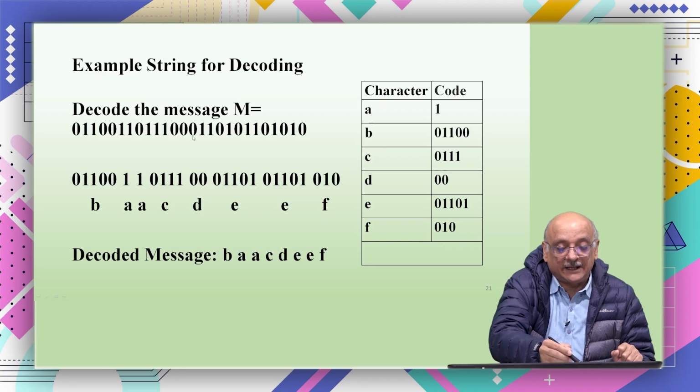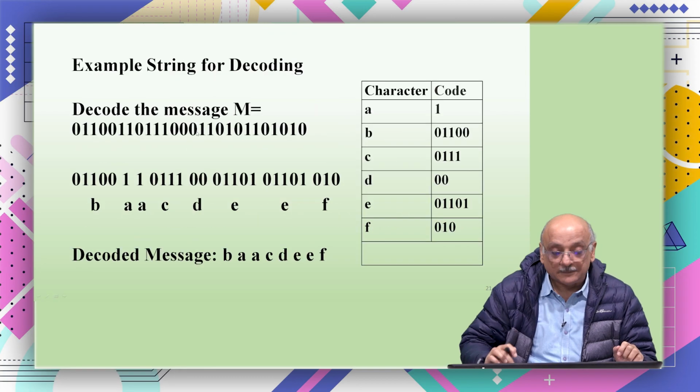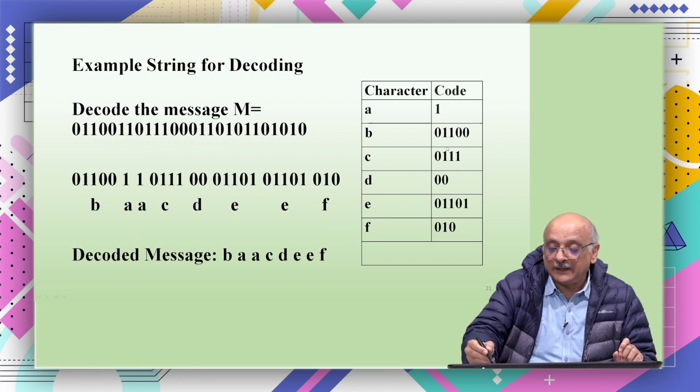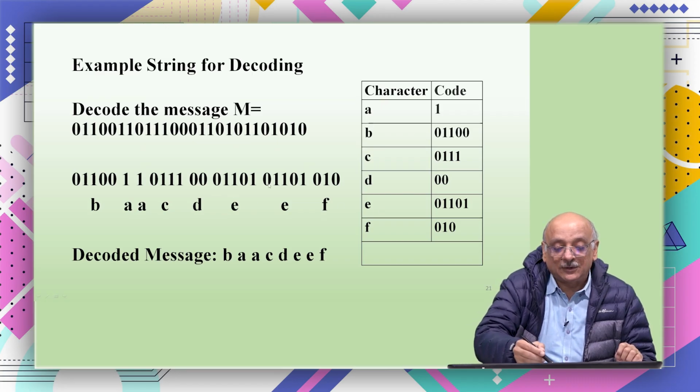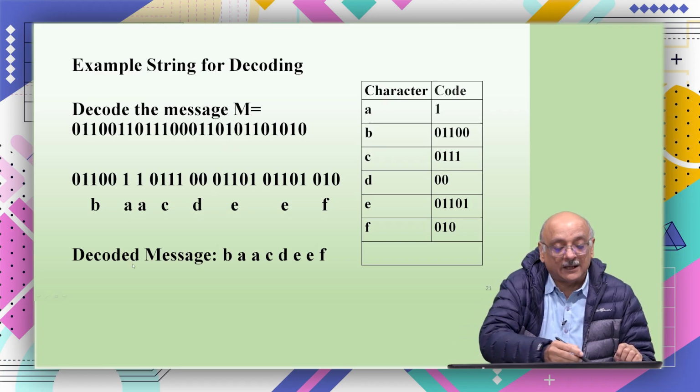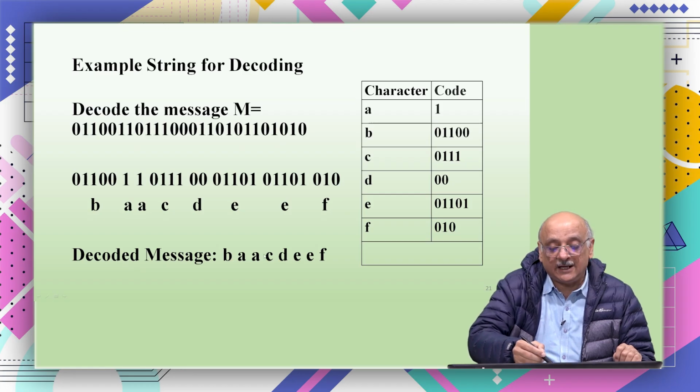So, 0 0 is D, thereafter once again 0 1 1, and 0 1. So, we know it is going to be E. Like that we are recognizing each character, and finally we get 0 1 0 which happens to be F. So, we are able to decode our message uniquely as B, A, A, C, D, E, E, F.